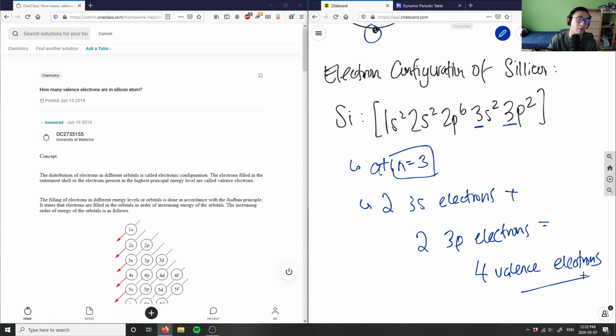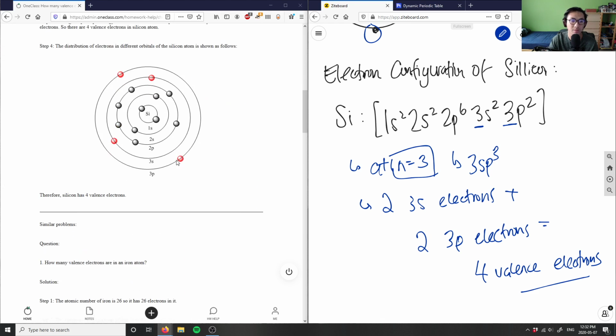So it really depends on how you think about this problem. In reality, we know silicon hybridizes and forms 4 bonds by splitting these 2 energy levels to form 4 sp3 orbitals, but for the extent of the question, you won't need to know this concept.